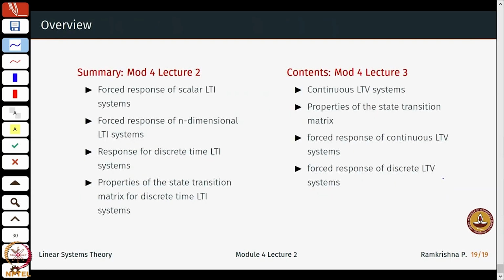So, we will end this lecture here, having learned how to compute the forced response of n-dimensional LTI systems, both for continuous time and discrete time.